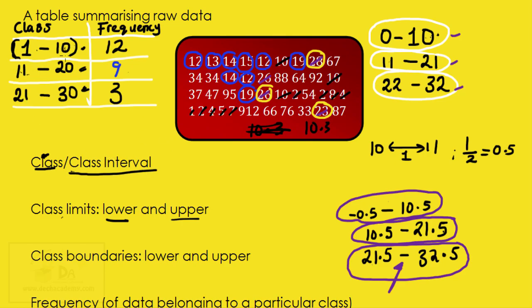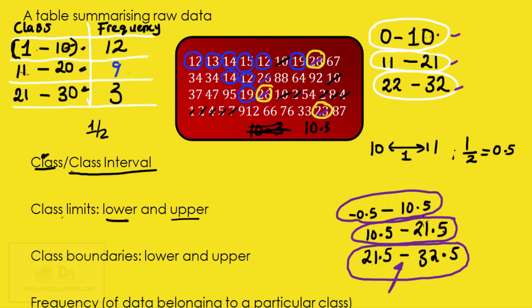So what you do is say, well, the difference between the upper limit of a class and the lower limit of the next class, in this case, is 1. So you take half of that difference and you add it to the upper limit of the preceding class, and you subtract it from the lower limit of the class that follows.